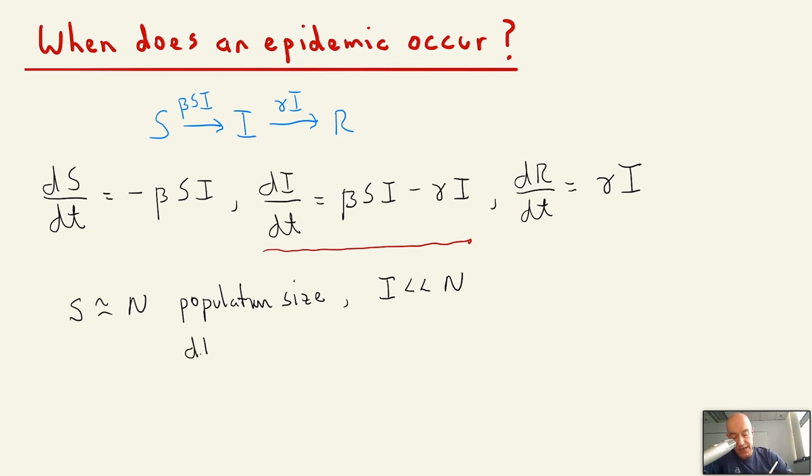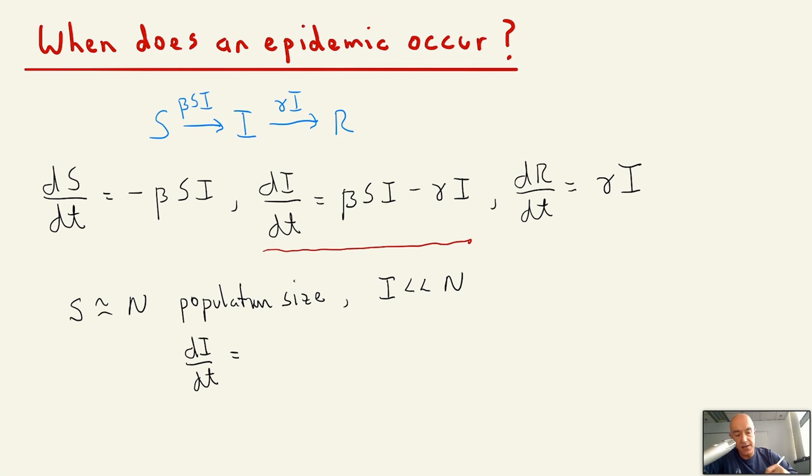We have dI/dt equals S becomes N, approximately N. In the initial stage of an epidemic, the number of infectives is small, so you're not really changing the susceptible class much. It stays the same number as the population size.